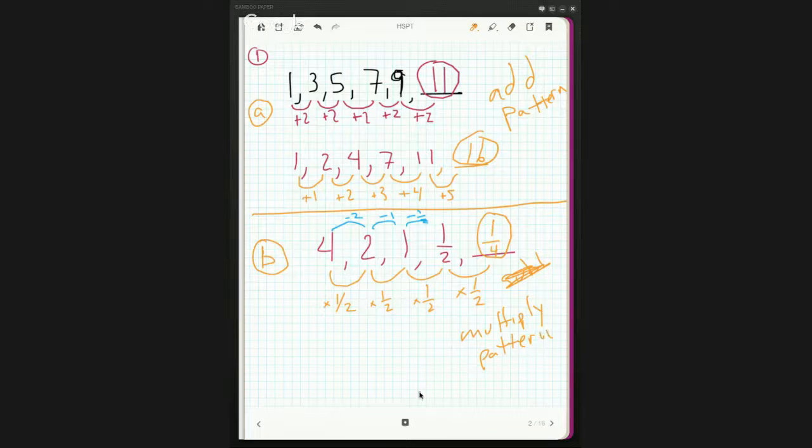And this could also be thought of as the divide pattern, because instead of multiplying by half, this could be thought of as divide by 2, divide by 2, divide by 2, all the way down. Either way is fine. So there's our add patterns, subtract patterns, and multiply patterns.